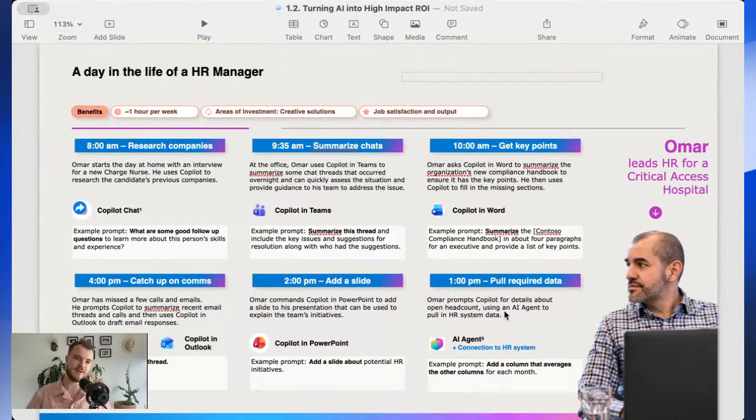If you're like Omar, if you're an HR generalist or director and you don't have a team of recruiters, you're often doing everything across HR and recruitment. Especially in smaller organizations, there are HR teams that are having to jump between HR and recruiting, even though they're often different things.